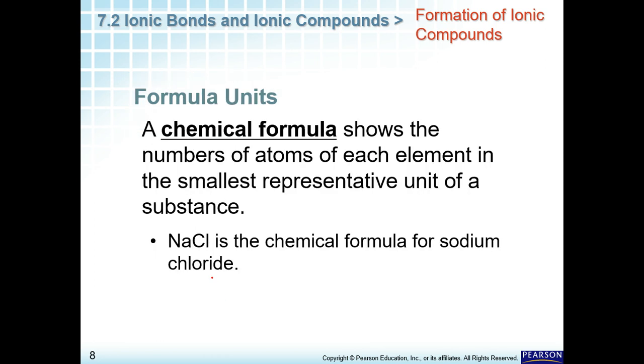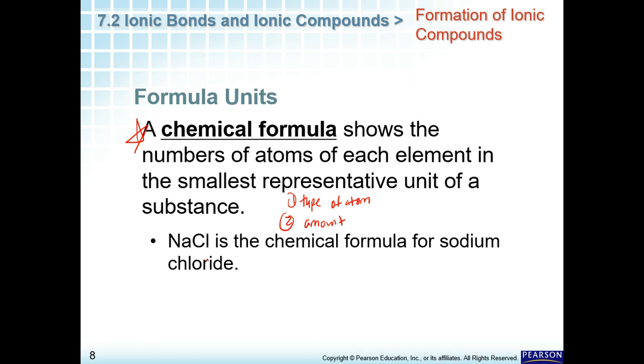What I just wrote down, AlBr3 and NaCl, these are examples of chemical formulas. I'm going to go ahead and star this because this is important and I'm going to ask it on your test. Chemical formulas show you the number of each atom that is present. So it shows you 1, the type of atom, and 2, the amount.